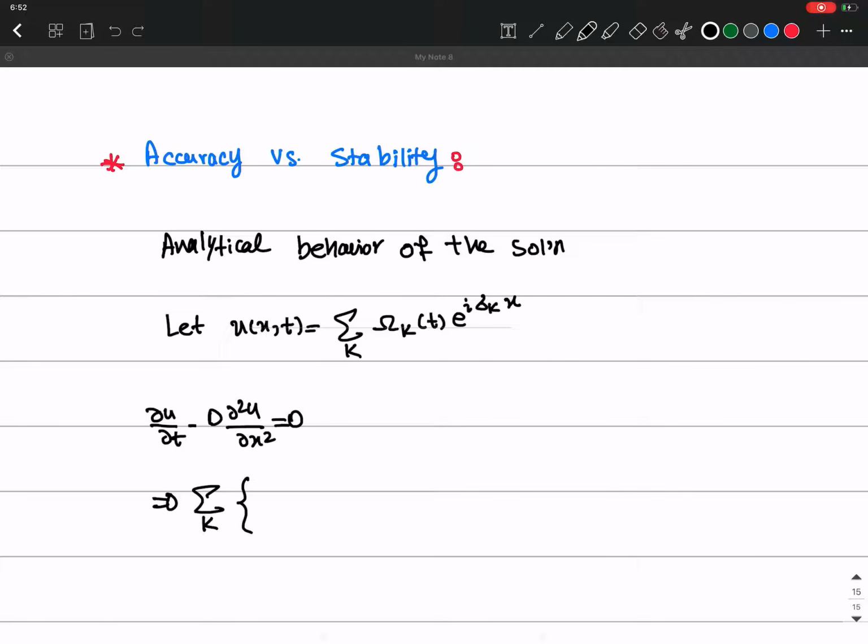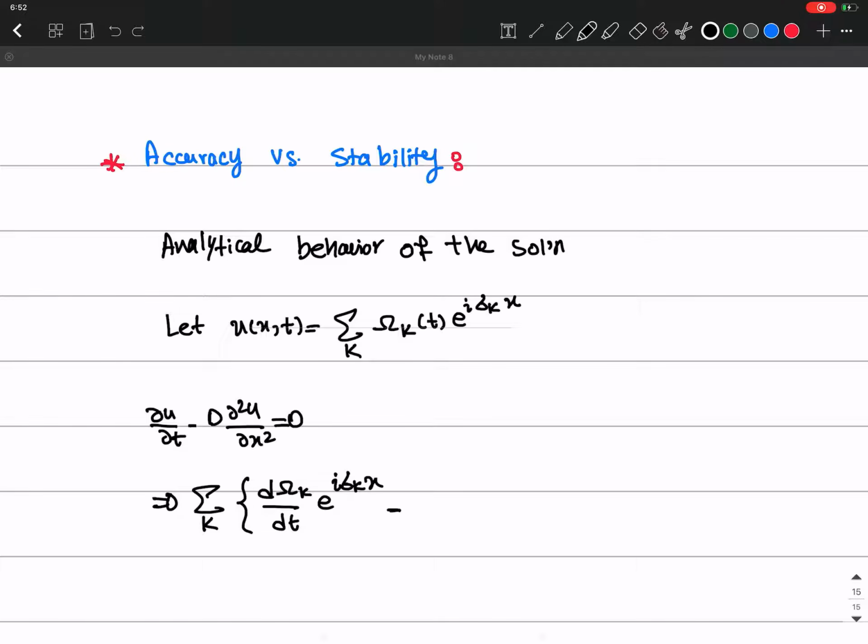So I'm going to have d omega_k over dt, and the other terms are constant, so I just write e^(i sigma_k x), minus, and then the second term is a partial derivative with respect to x, and this is going to be constant because omega_k is only a function of time and I only need to account for this.